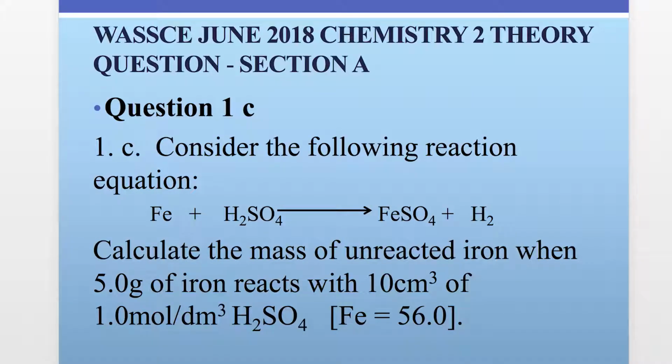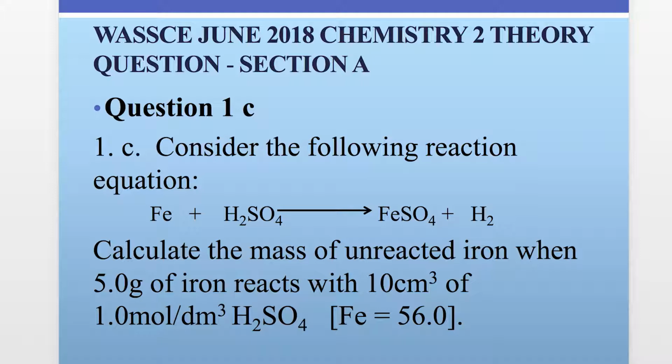Our next question will be taken from year 2018, question 1C. The question reads, consider the following reaction equation, iron Fe plus tetraoxosulphate VI acid to yield iron tetraoxosulphate VI and hydrogen gas.